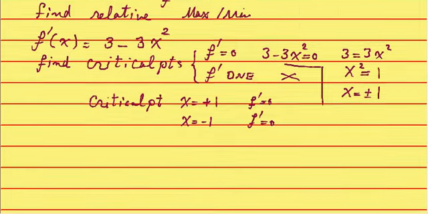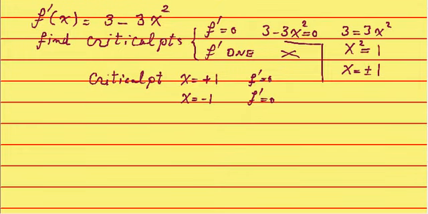Next, to put everything in a nice format, we are going to have something we call a sign chart. So here is our sign chart. Sign chart is going to help us figure out all those inequalities.